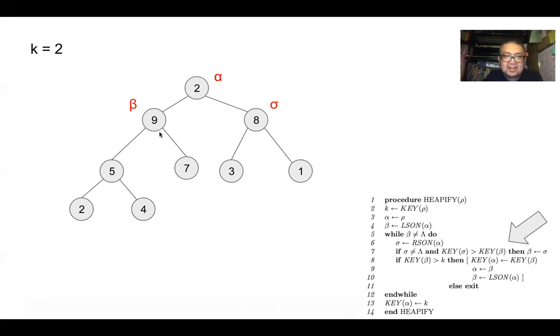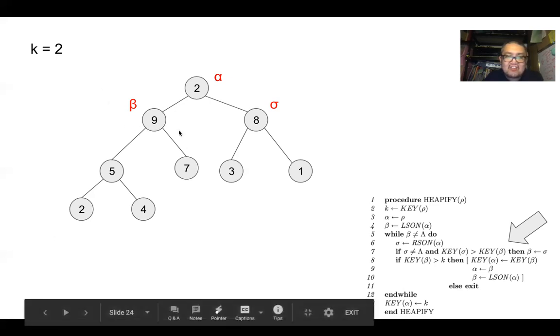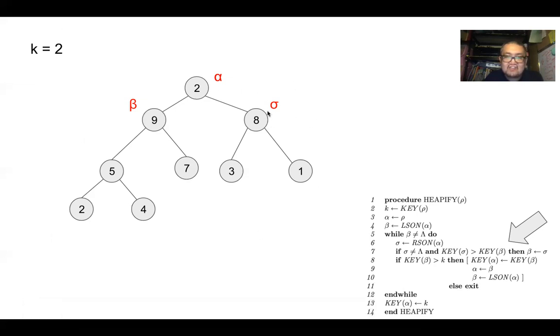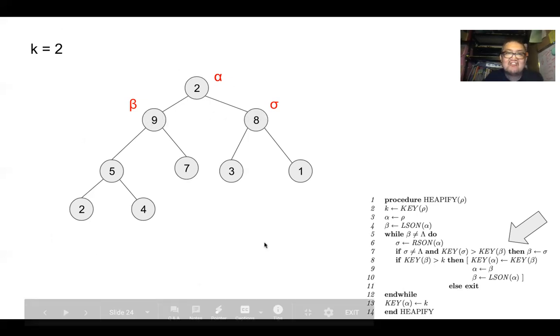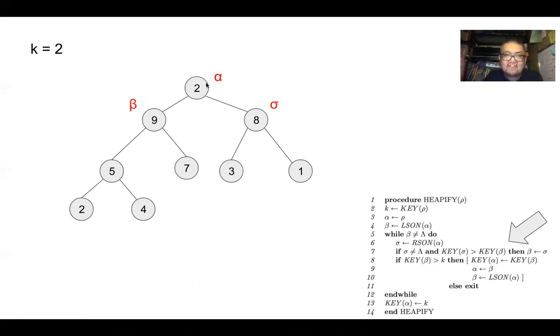Since this is an almost heap, we know that the left sub-tree is a heap, and the largest value is at the root of that tree, and the right sub-tree is also a heap, so the largest value is also at the root of this. And the larger between these two should be the largest value in the whole tree, since we have an almost heap. If the value at the root is larger than these two, then we have a heap.